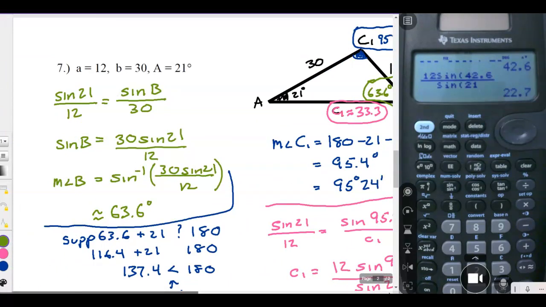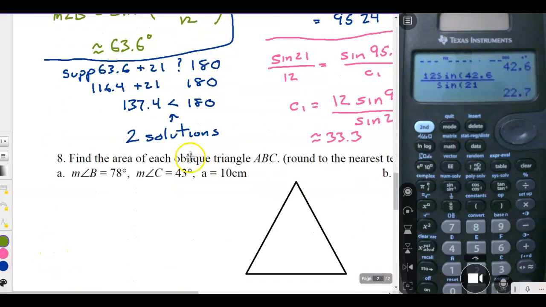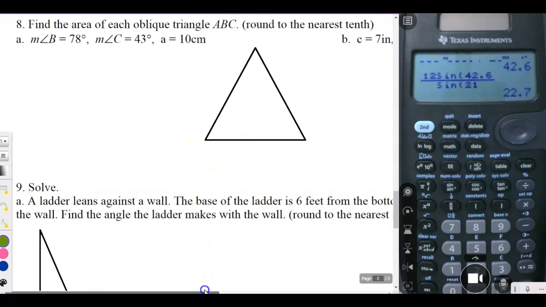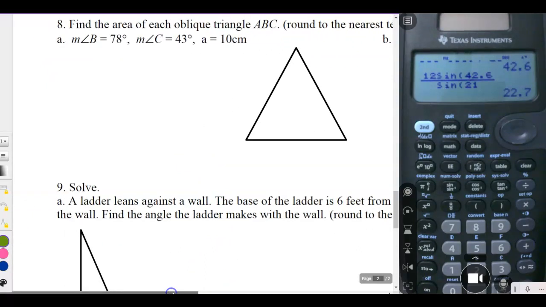All right, let's keep on going down to the word problems. Right here, these are just more practice. So we'll solve for the oblique triangles. Let's get the given values in there. Let's call this one A, B, and C. So angle C would be 43 degrees.